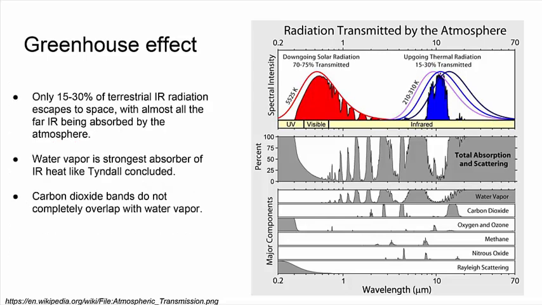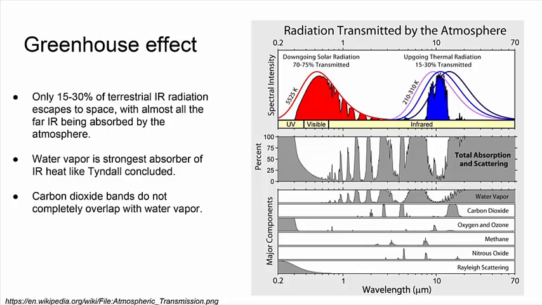You can also see this part here is what's called the atmospheric window. Some of the infrared radiation is allowed to escape, but that's only 15 to 30% of it, while almost all of it is being absorbed by the atmosphere.